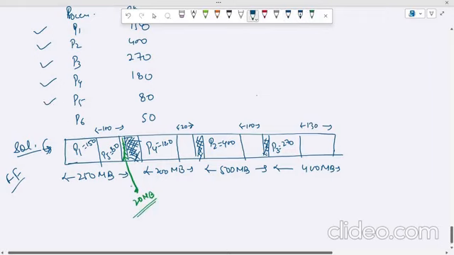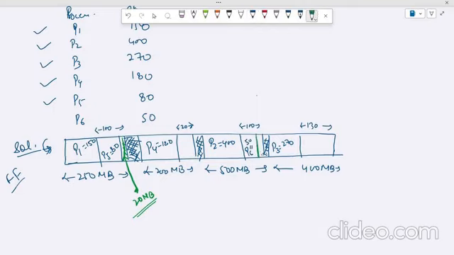P6: in the first block 20 MB is left, so we cannot put it here. In the second block we also have 20 MB left, so we cannot put P6 in this block either. In the third block we have 100 MB of space and P6 needs 50, so definitely P6 gets this space. We filled this with P6, and the space left is 50 MB. We completed all the processes.